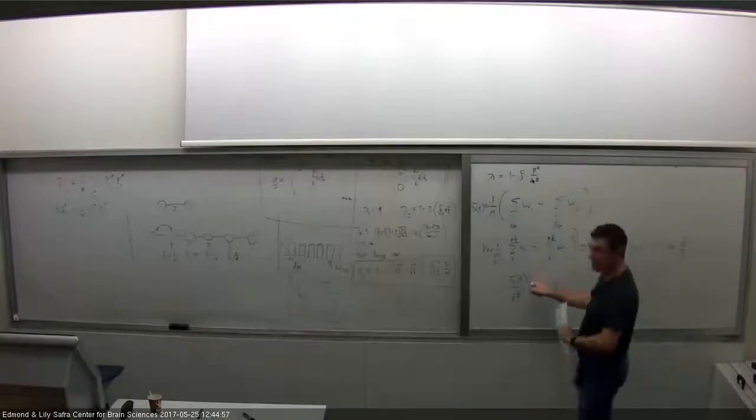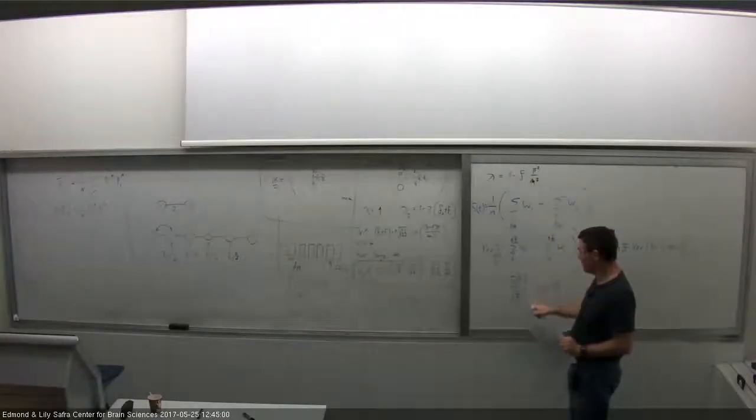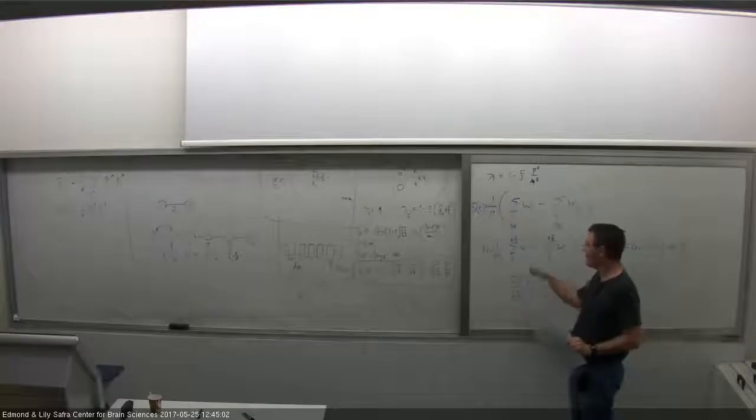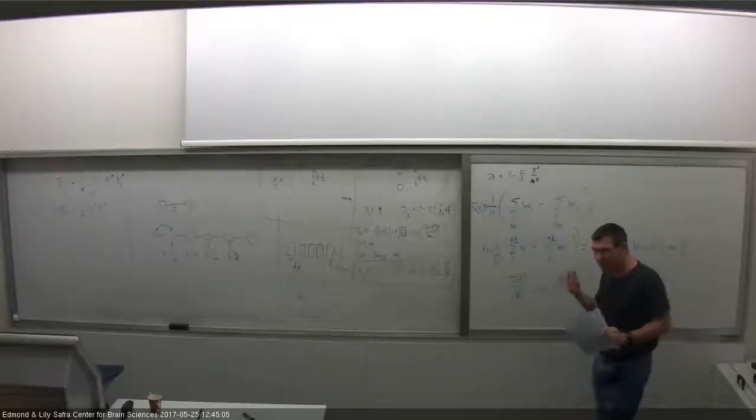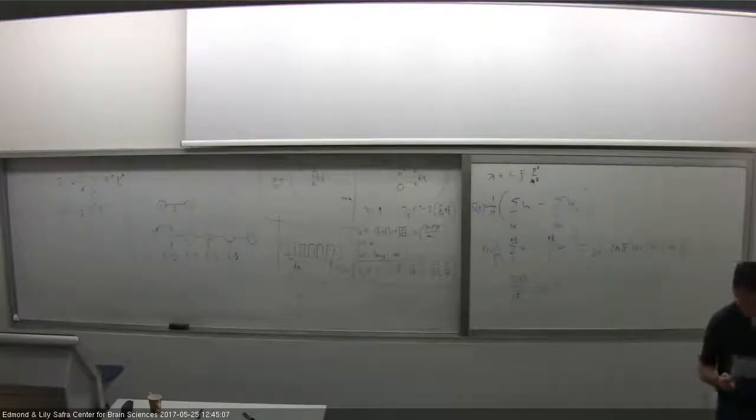This term would be the signal, and this would be the noise. So if the signal over the noise is much larger than 1, then we are okay.